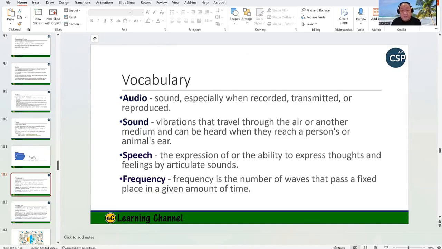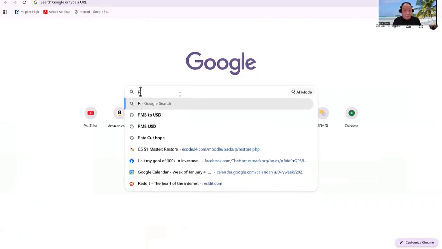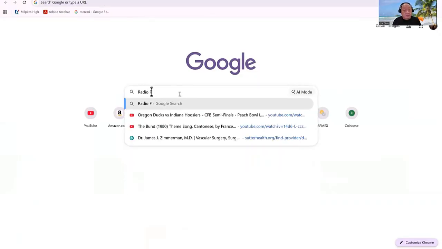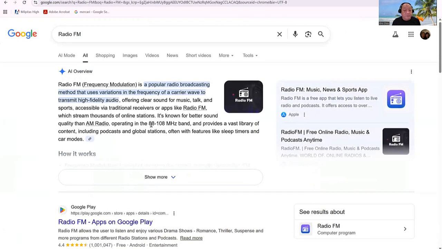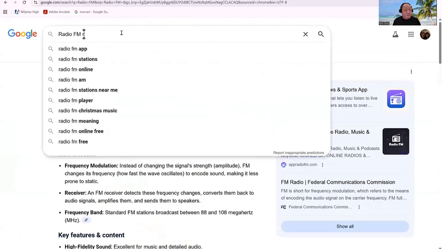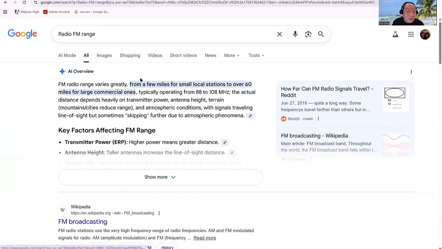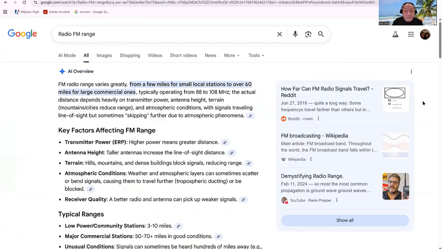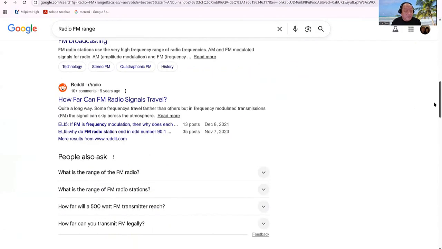Okay, let's see. Did you hear the radio before? Do you know there is a FM radio? So FM radio actually usually is in the number of megahertz.